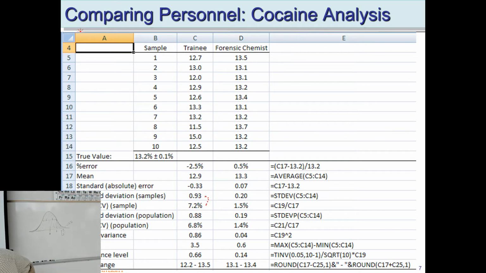Then we have the RSD. So this is, again, the standard deviation divided by the mean. So we have a 7.2%, it's really coefficient of variation, and 1.5% for the forensic chemist. So you see right there, quite a bit of difference: 7% versus 1.5% in terms of their relative standard deviation.